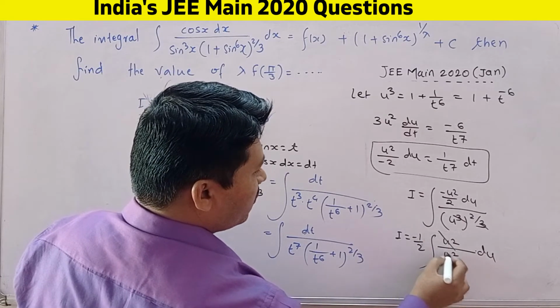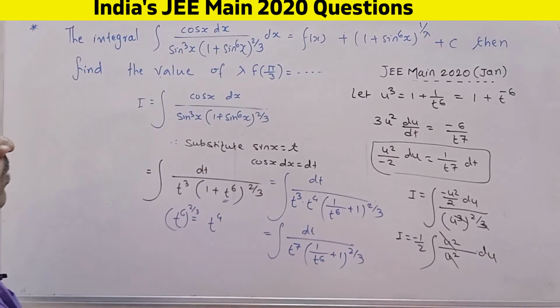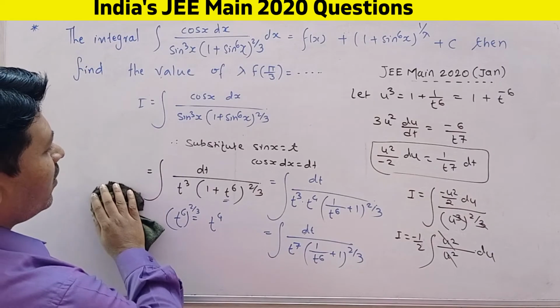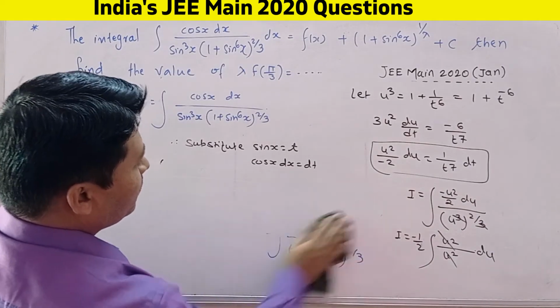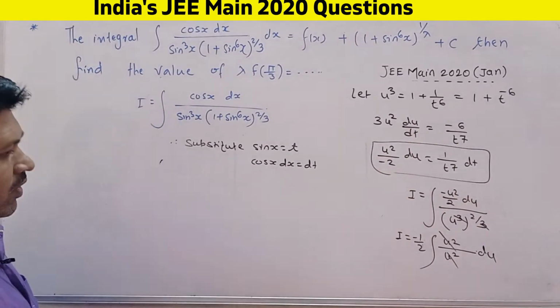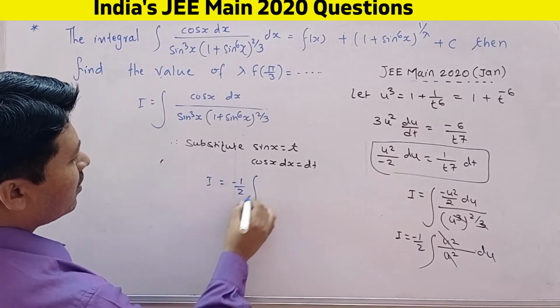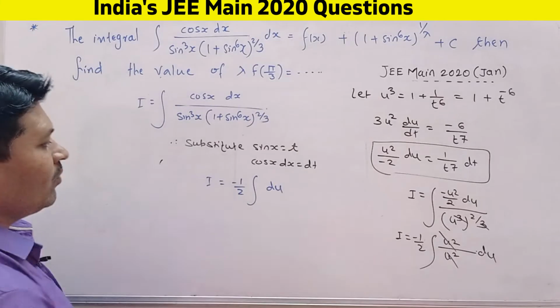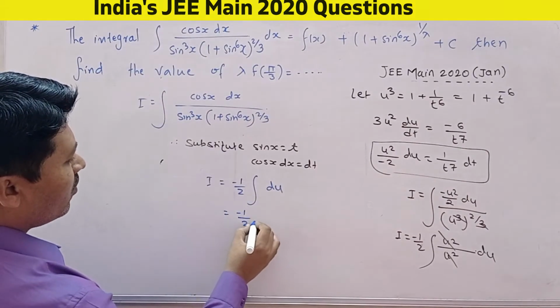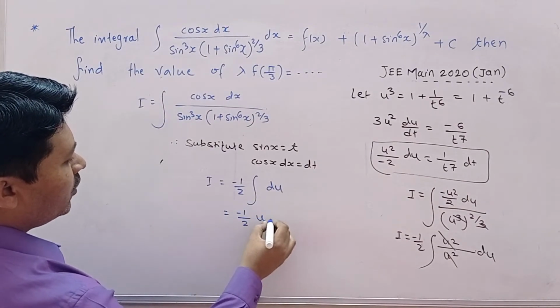Now u squared cancels and we can write the final solution: I is equal to minus 1 by 2, a constant term, times the integration of du. Therefore we get minus 1 by 2 u plus c, where c is the constant of integration.